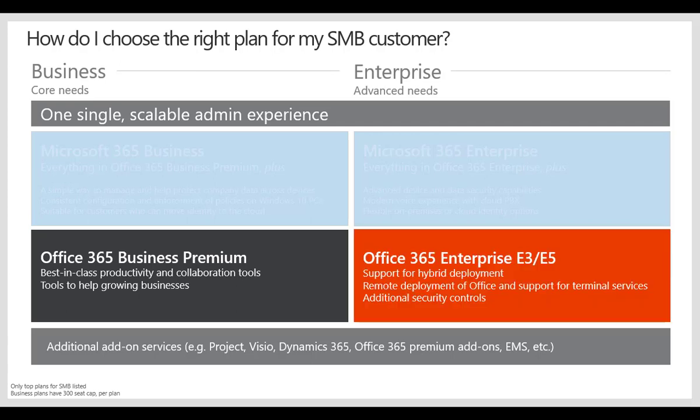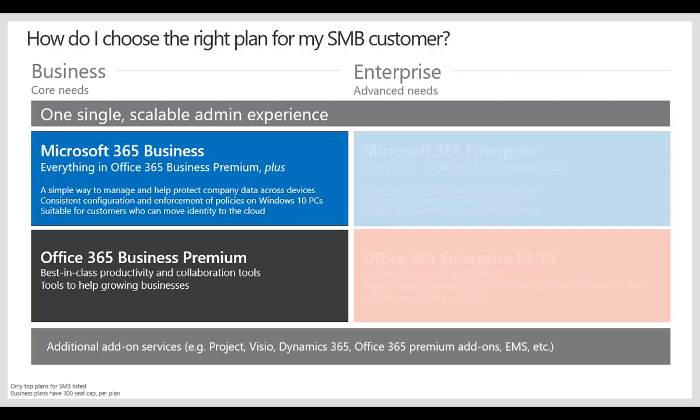Now, if they need more advanced features, things like legal hold on their mailboxes or unlimited size on their OneDrive and their mailboxes, we can start looking at the Enterprise, the E3 and the E5 version of Office 365. These two products, again, are the same, and it's important to understand the business need and value that these can provide for the customer.